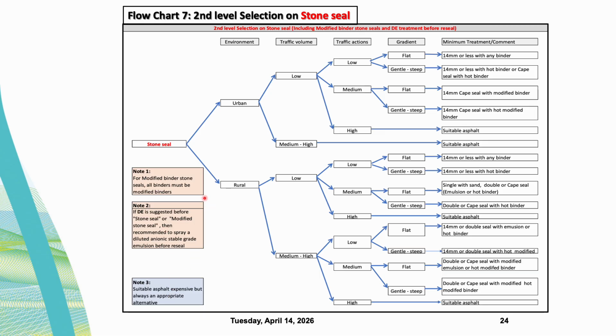Note 1, you can use this surfacing seal for modified binders, stone seals. All binders must be modified binders, obviously. You have to understand the concept of modified binders, which is in one of the appendices, if I'm correct.